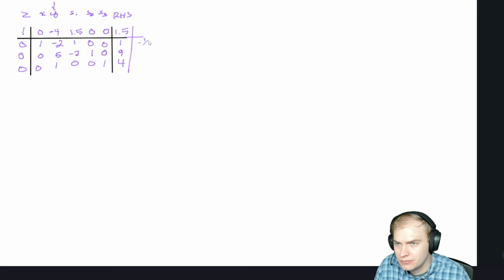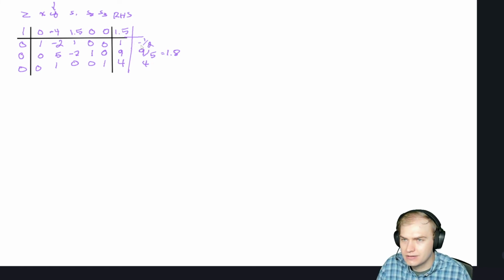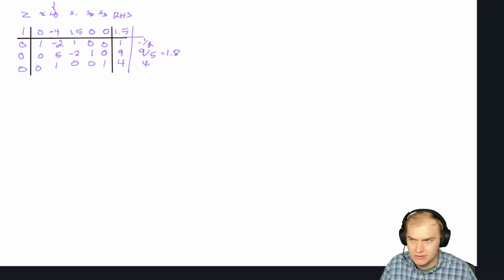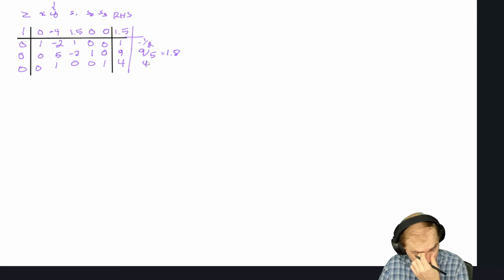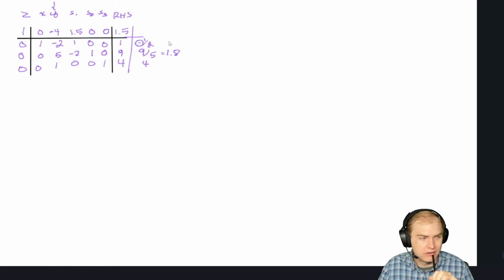So we get -1/2, 9/5, which I think was about 1.8, and 4. Now we talked yesterday, we said that this row didn't matter because increasing Y also increased X indefinitely while still remaining feasible. And we can see that because we have a negative here.